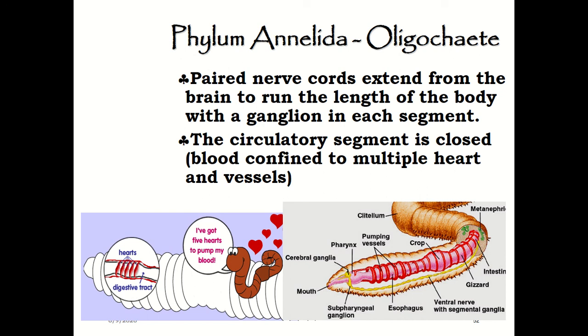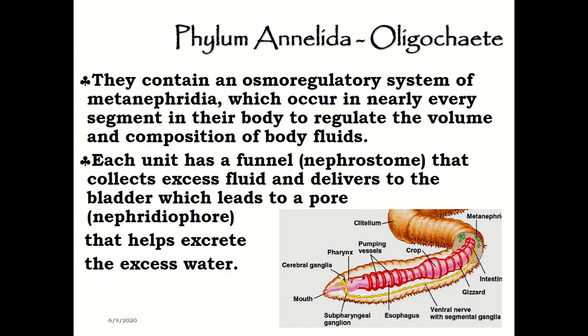Meanwhile, their circulatory system is a closed circulatory system, meaning the blood is confined in vessels, in the case of Oligochaeta, to multiple hearts and vessels. They also have an osmoregulatory system, the metanephridia, as I mentioned earlier, which occur in nearly every segment of the body to regulate the volume and composition of body fluid.